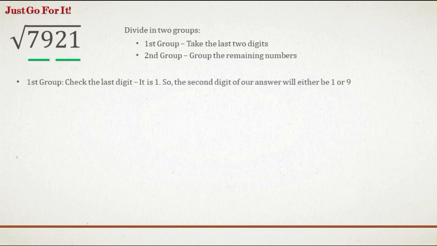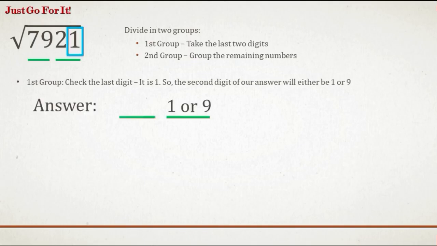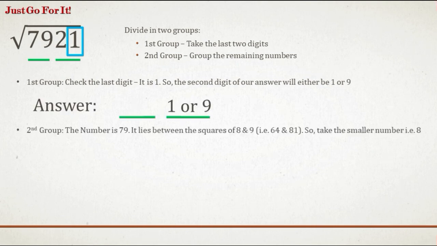Now we'll check the first group. The last digit is 1. So we know from our point that if it is ending with 1, the second digit of the answer will either be 1 or 9, since the square of 1 or 9 ends in 1, right? So we got our second digit.